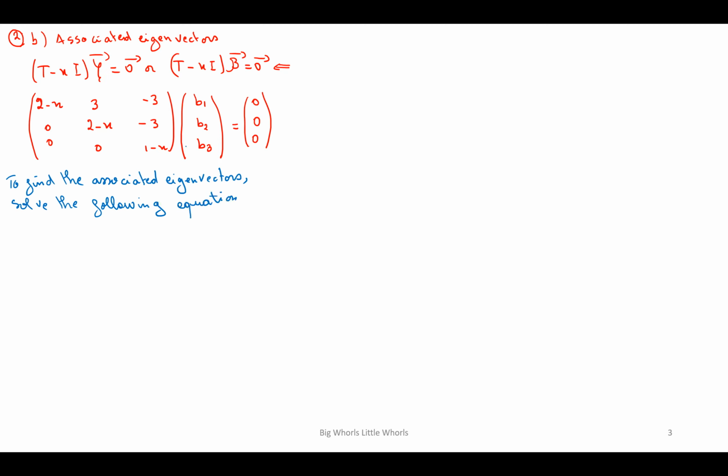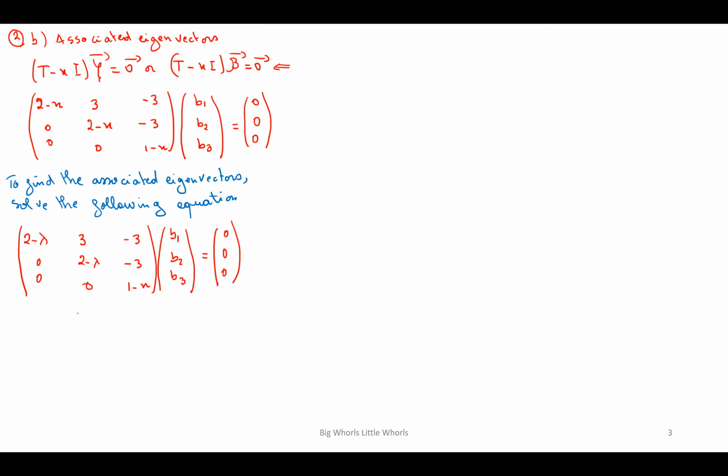I'm just going to repeat the previous equation, but using lambdas. We need to solve the equation with rows (2 minus lambda, 0, 0), (3, 2 minus lambda, 0), (minus 3, minus 3, 1 minus lambda), multiplied by b1, b2, b3 equals 0.